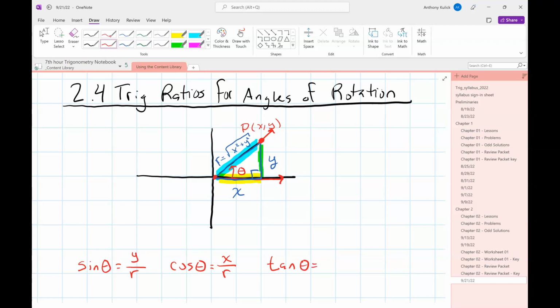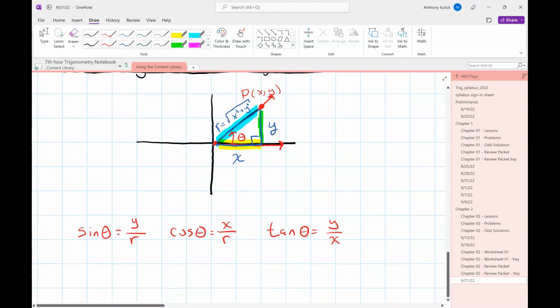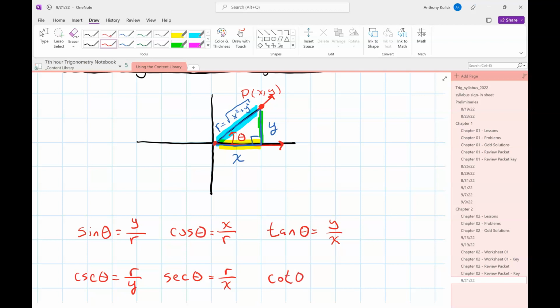Tangent would be opposite, which is y, over adjacent, which is x. Cosecant would be hypotenuse, which is r, over opposite, which is y. Secant would be hypotenuse, which is r, over adjacent, which is x. And cotangent would be adjacent, x, over opposite, y.